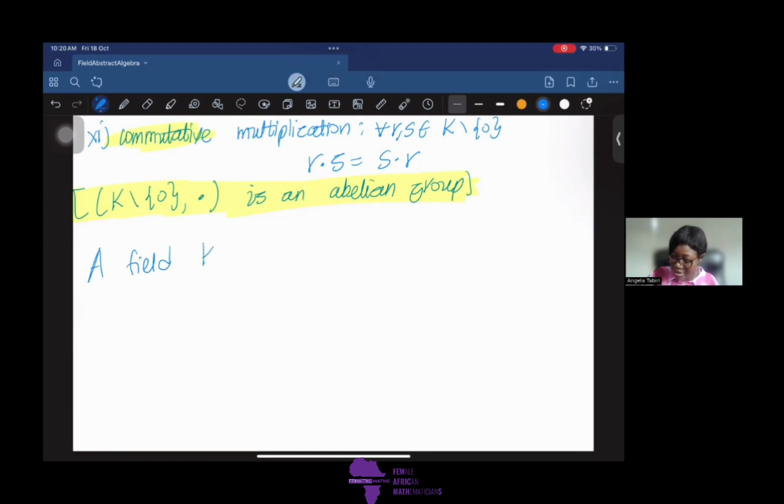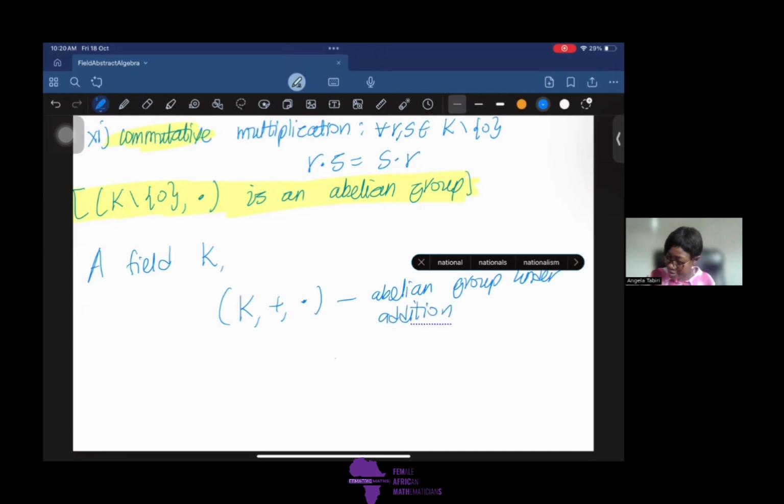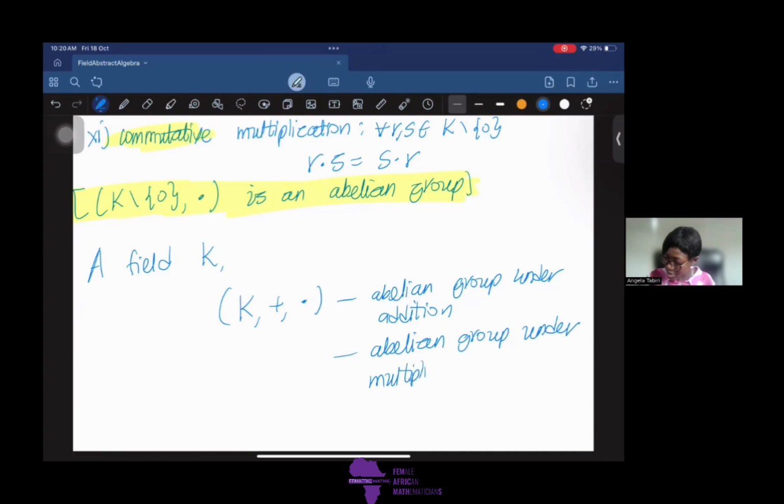A field K is just a non-empty set K together with 2 operations: an abelian group under the addition, and also an abelian group under the multiplication, of course, if you omit your 0 element. Note that you have to omit the 0 element in your field. Okay. So that's what a field is.